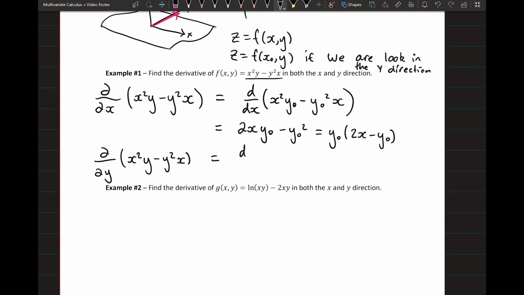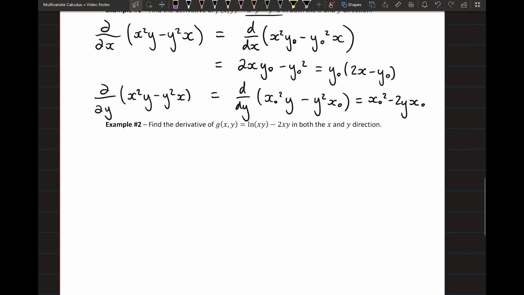So we go d dy of x naught squared y minus y squared x naught. We do the same as we would in the earlier functions, using standard derivatives. So we get x naught squared minus 2y x naught. And that is our derivative.